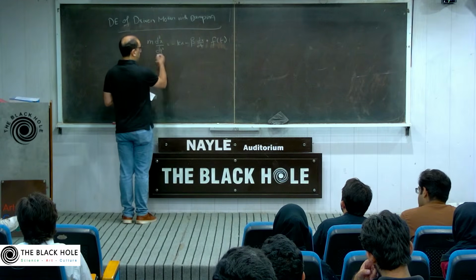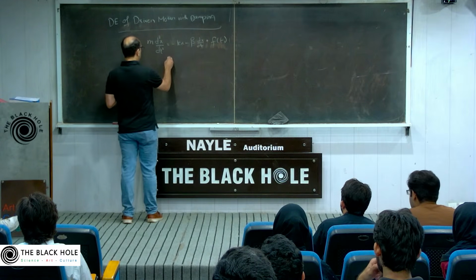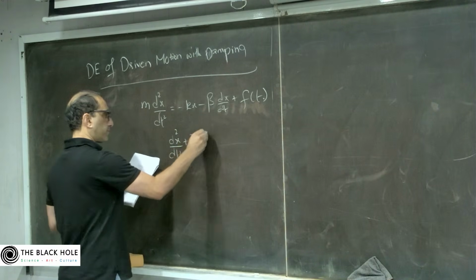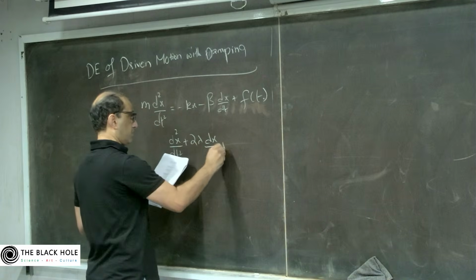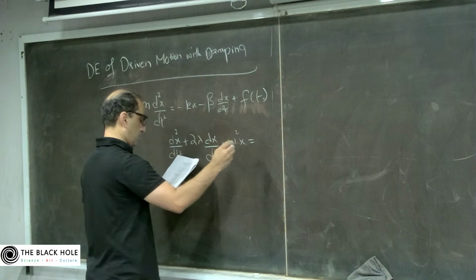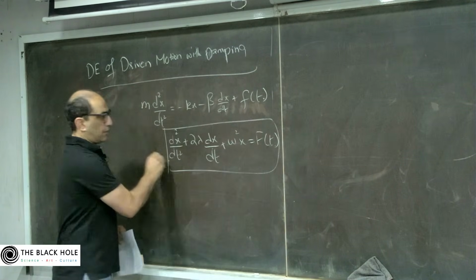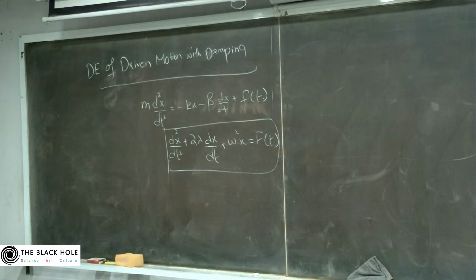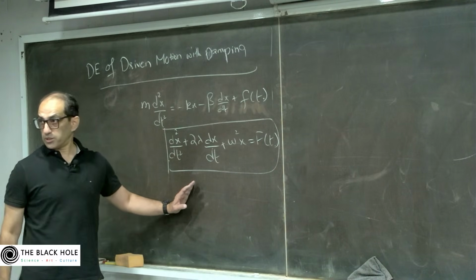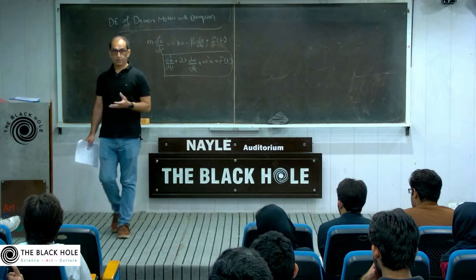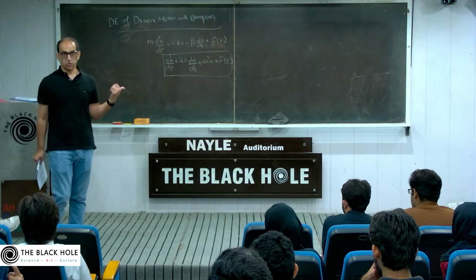So if I just rearrange it, divide everything by mass, I can write this equation as. Now that you have done everything when it comes to the second order linear homogeneous and non-homogeneous equations, you can immediately see certain limiting cases of this particular equation.